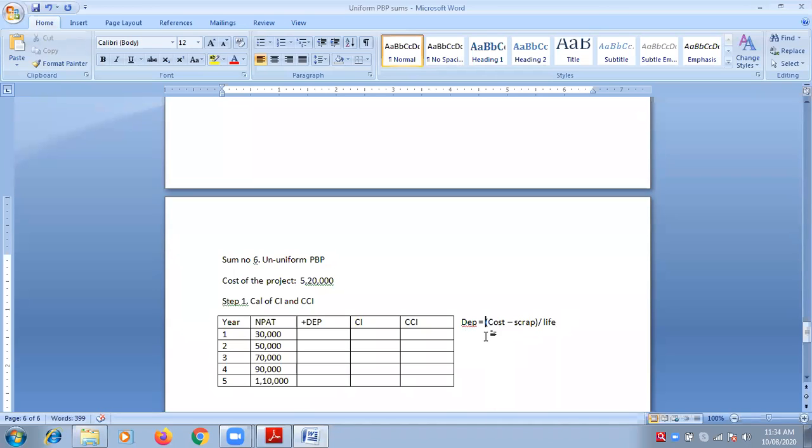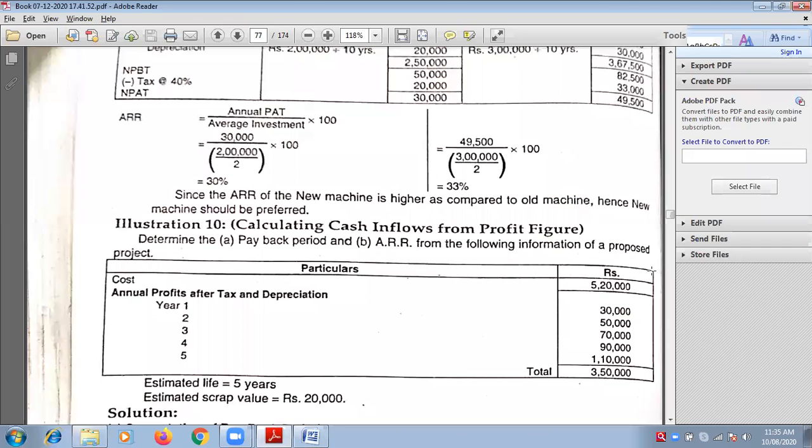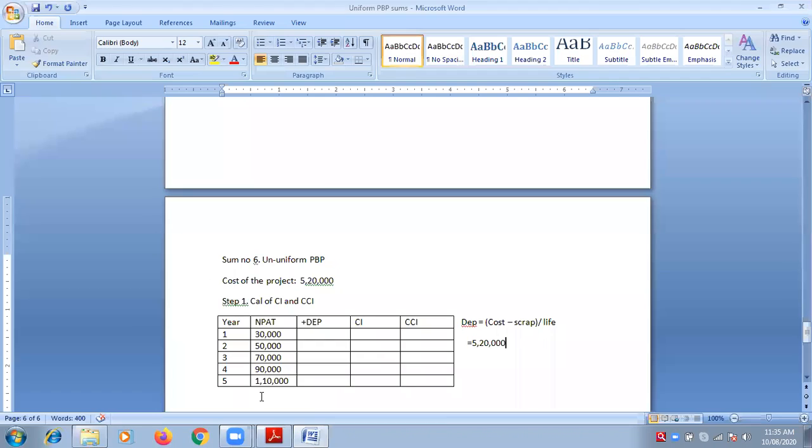Okay, so what is the cost of the project? 5,20,000. You remember 5,20,000 was the cost. What scrap value is given at the last? Estimated scrap value is 20,000. Life is 5 years. So minus 20,000 because it is scrap value. And what is the life? Let's put this into a bracket.